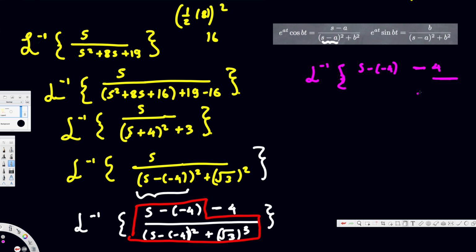This whole denominator is going to come here, so this is going to be negative 4 whole square plus square root of 3 square, and here also we are going to have the denominator. This is going to be s minus minus 4 square, and then plus this one is square, right? This one is square. So here we are going to have square root of 3 square.